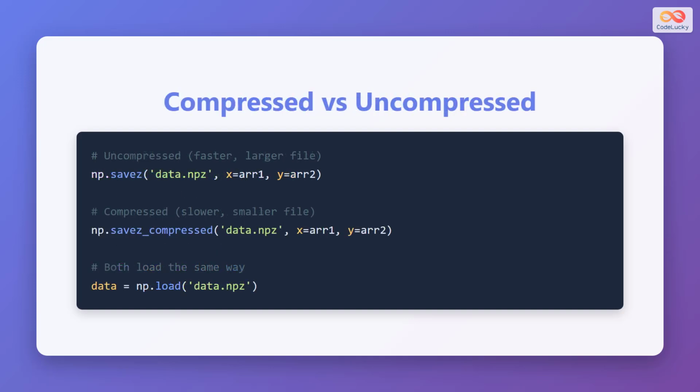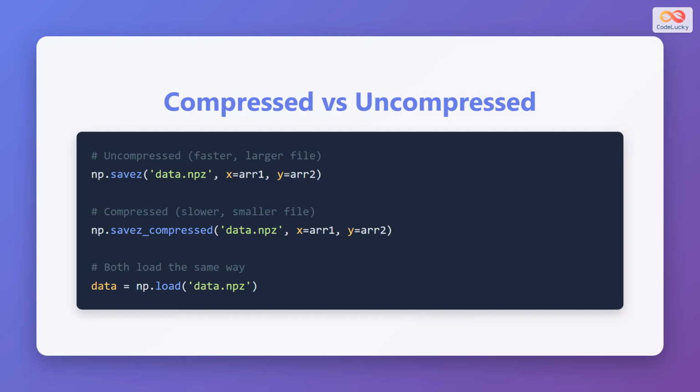NumPy actually offers two functions for saving NPZ files. The regular savez function creates an uncompressed archive. It's faster to write but produces larger files. The savez_compressed function applies compression, resulting in smaller files but taking slightly longer to save. The syntax for both is identical. You provide the file name and keyword arguments for your arrays.